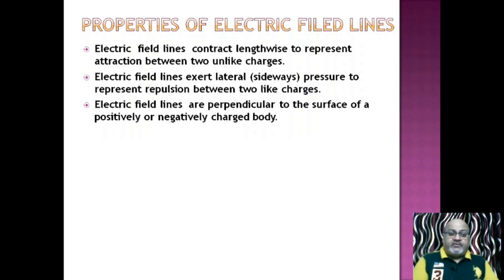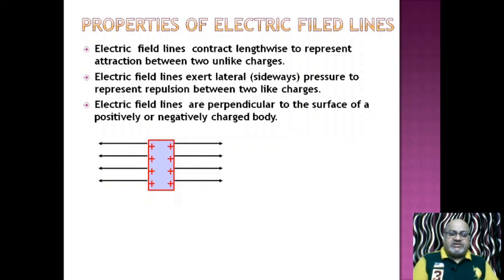And one more important property: electric field lines are always perpendicular to the surface having the charge. Any charged surface, electric field lines will be perpendicular. Either they will originate perpendicularly or terminate perpendicularly. See this case. This is a metallic block charged with positive charge. See how the electric field lines are originating from the surface outwardly.